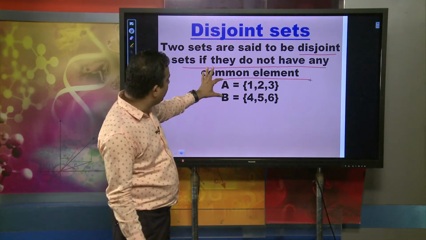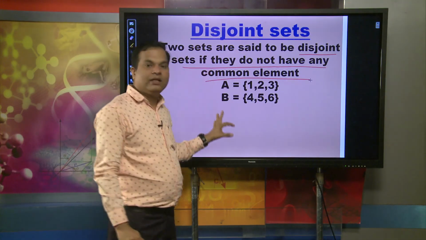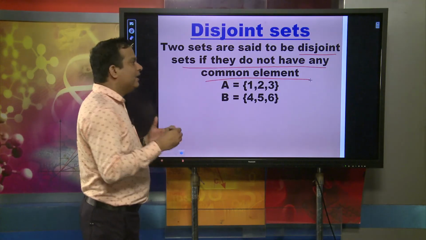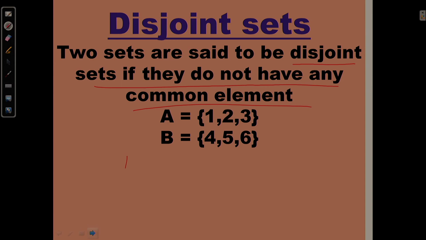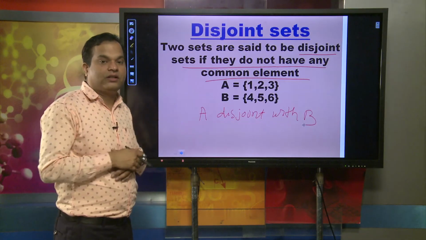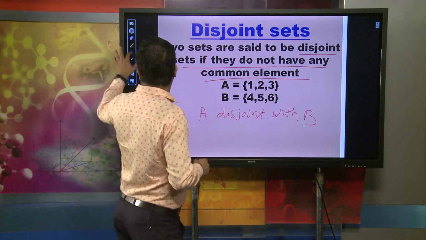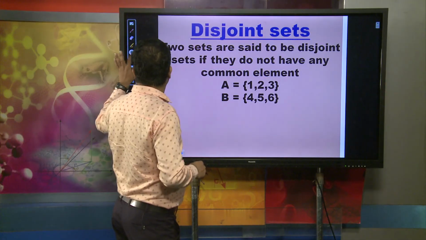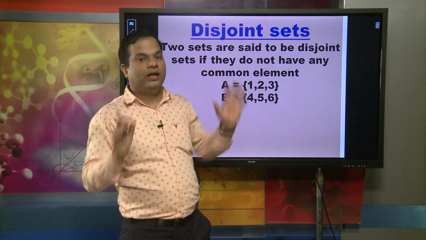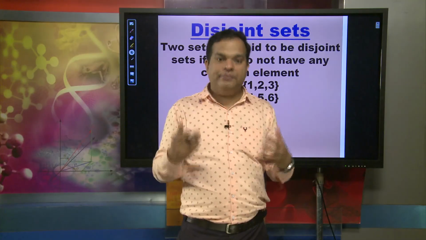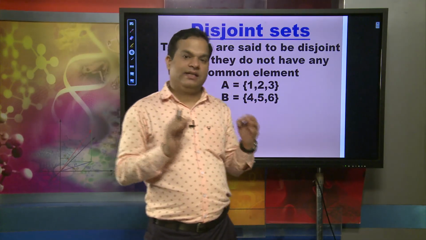There are no common elements between A and B, so set A is disjoint with B. Sets A and B are disjoint to each other, meaning they don't have any common elements. So there were 6 categories and we added one more, the disjoint set. In total, there are 7 types of sets in the set system.